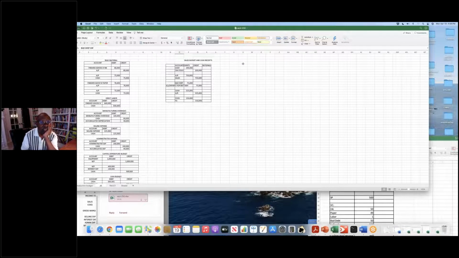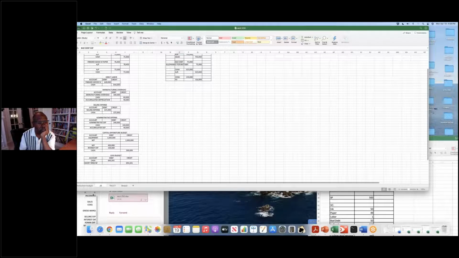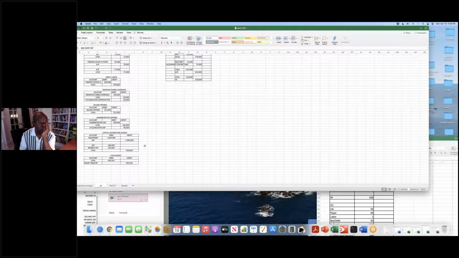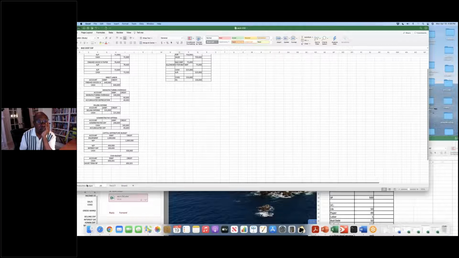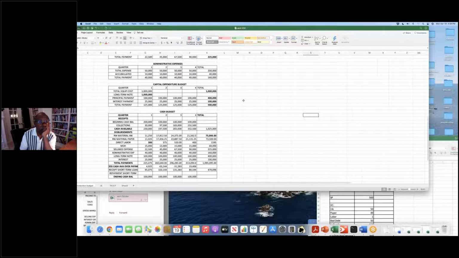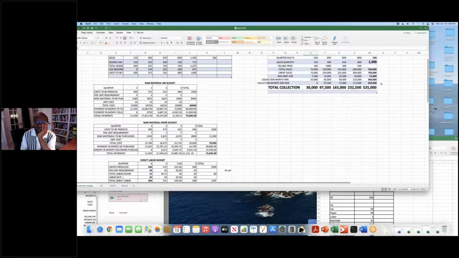That's what I thought they were. They were at the bottom, the cash budget. I did them individually and not all together, so I could stay focused. Or the collections, 525.